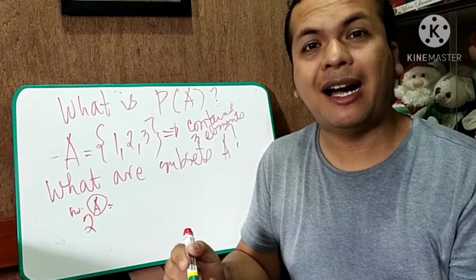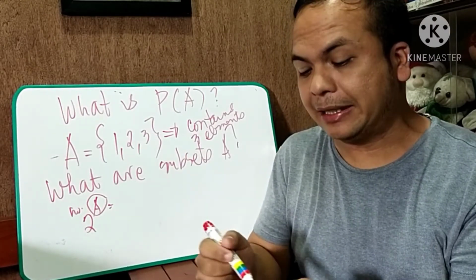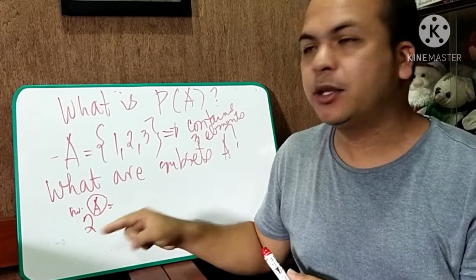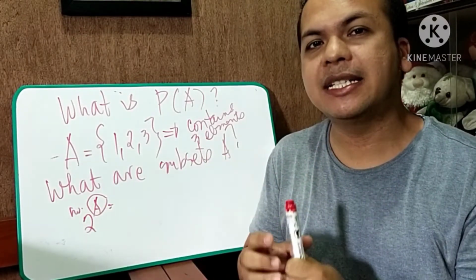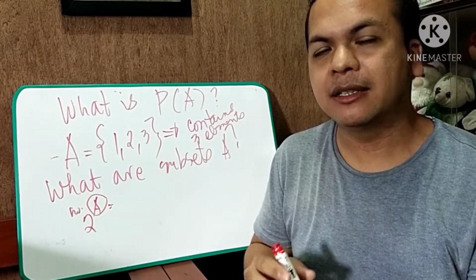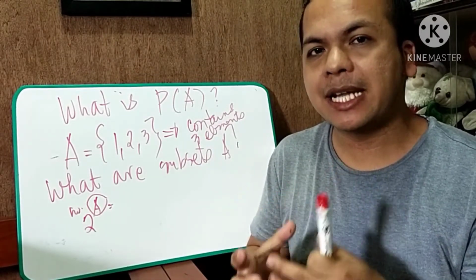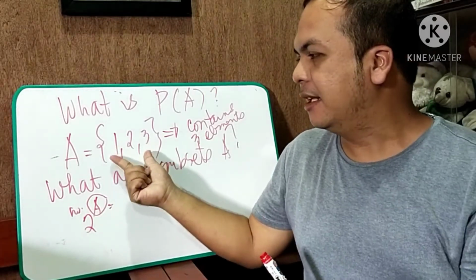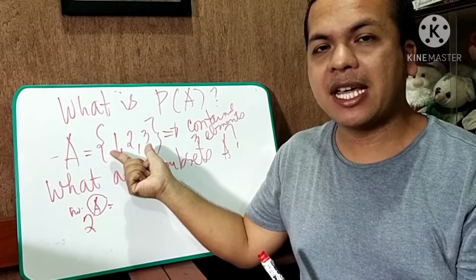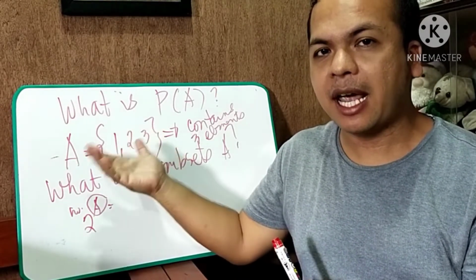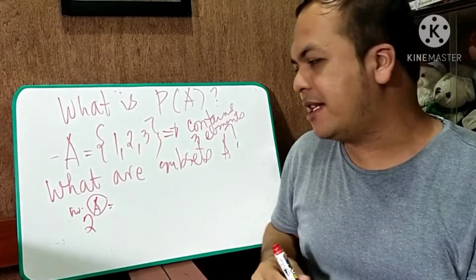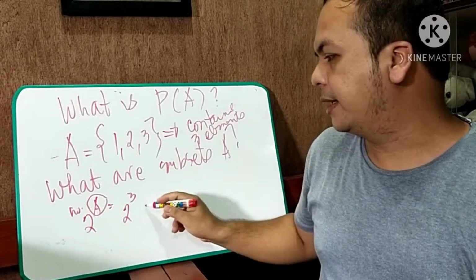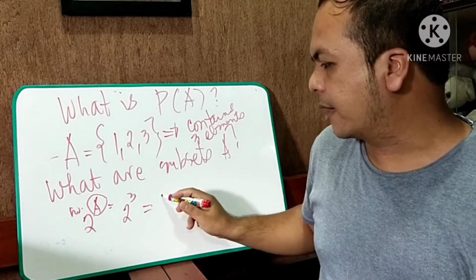We call it the cardinality of A. Since the cardinality of A is 3, meaning A has exactly 3 elements, we have 2 raised to the 3rd power, and that gives us 8.